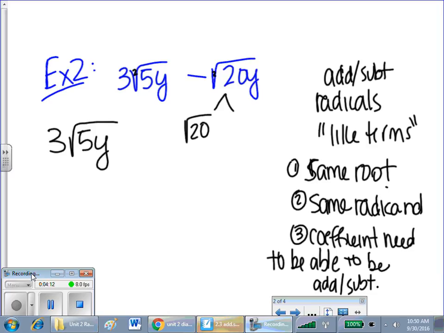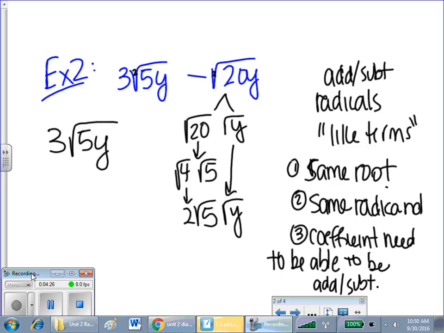So this is radical 20, radical y. The square root of 20. Well, biggest perfect square that goes into 20 is 4. So I'm going to do square root of 4 and square root of 5. Square root of 4 is 2. And then the y stays also with it. Okay, so I was able to break that down.